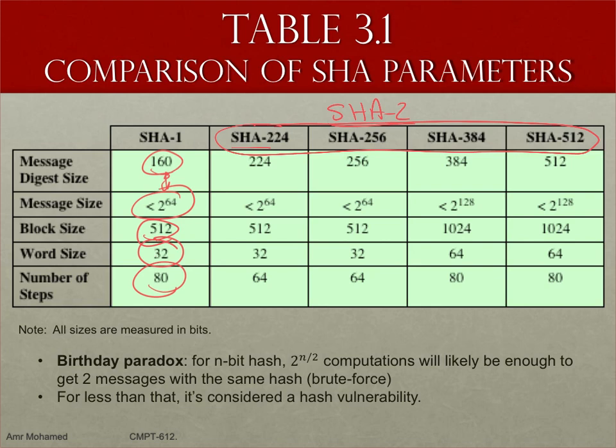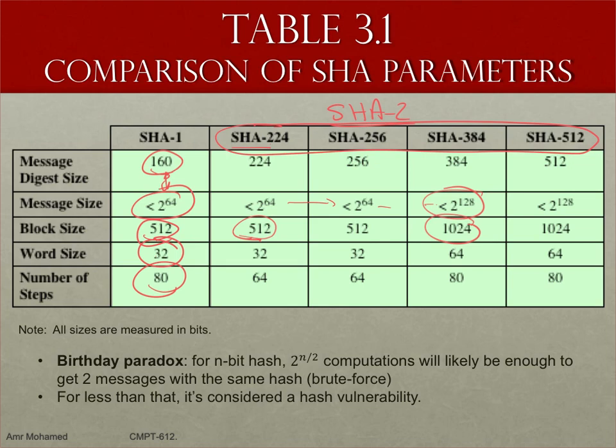So the block size for 2 to 4 is still 512, and here it's 1024. Okay. The message size has not been changed until here as well. So again, there is some kind of correlation, but it's not one-to-one. Okay.